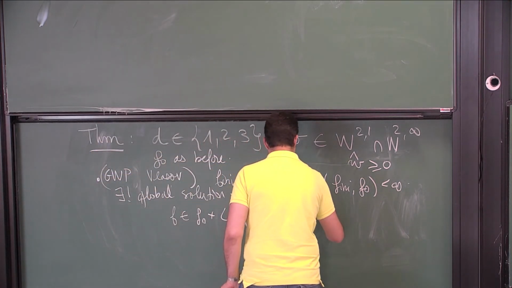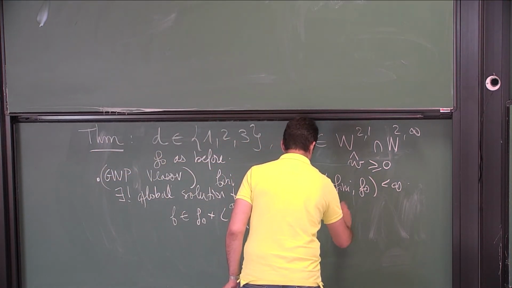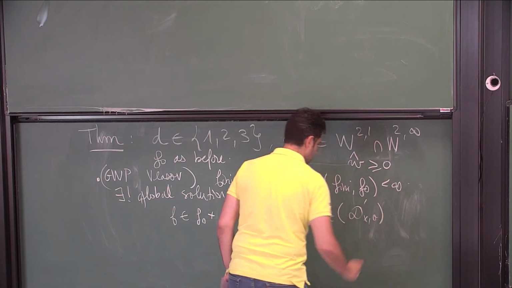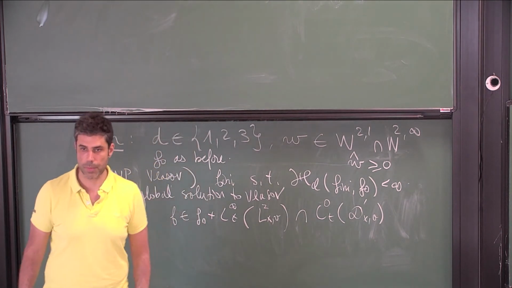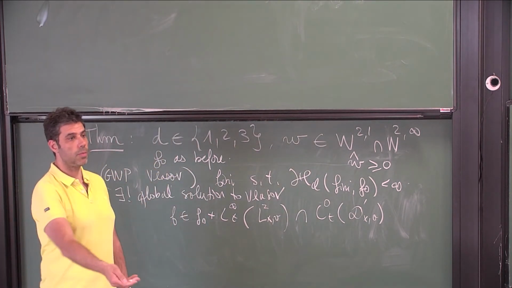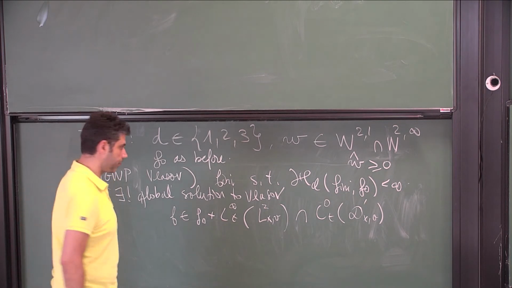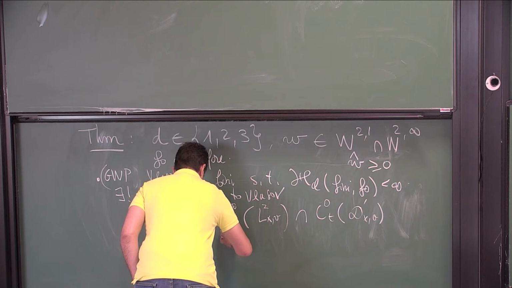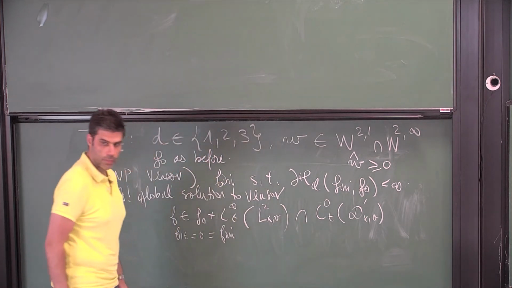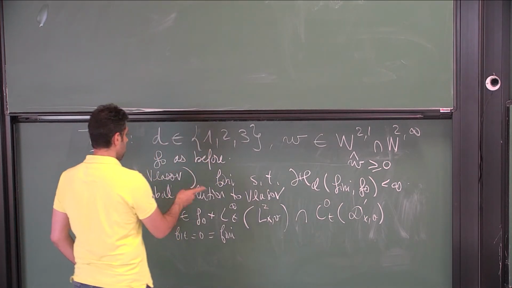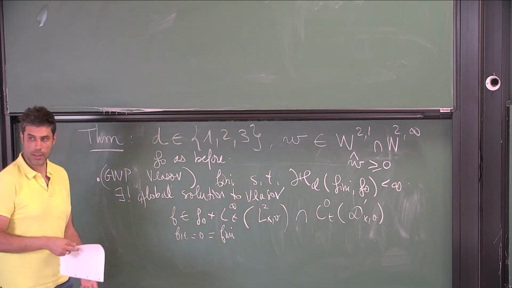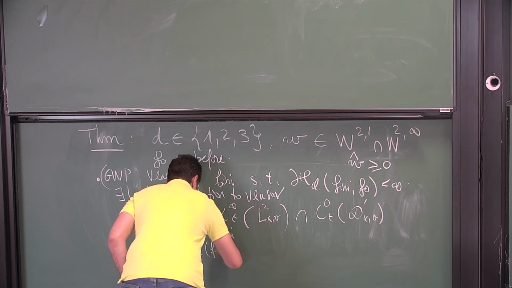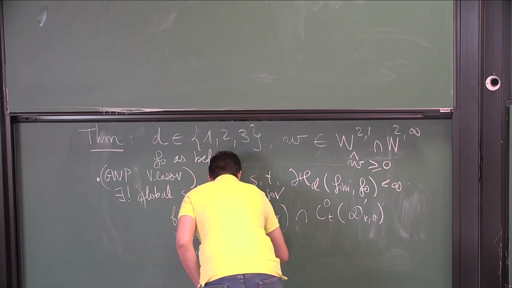And it's continuous with values in distributions. I have to tell you it's continuous in some space to just give a meaning to the value at t equals 0. So f at t equals 0 is of course equal to the initial condition. And it's the unique global solution in this space such that the relative entropy is uniformly bounded.